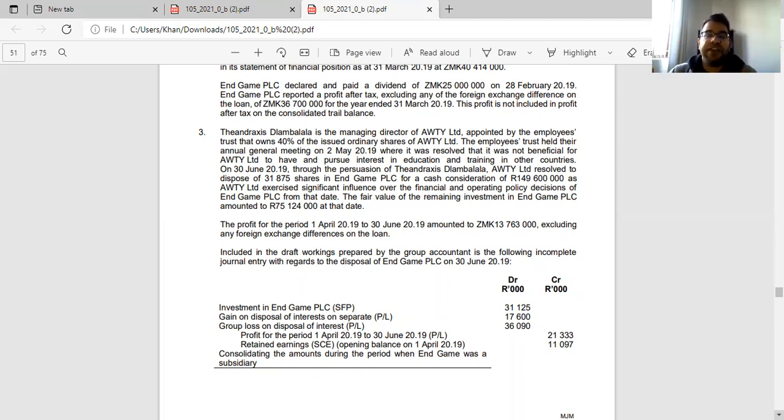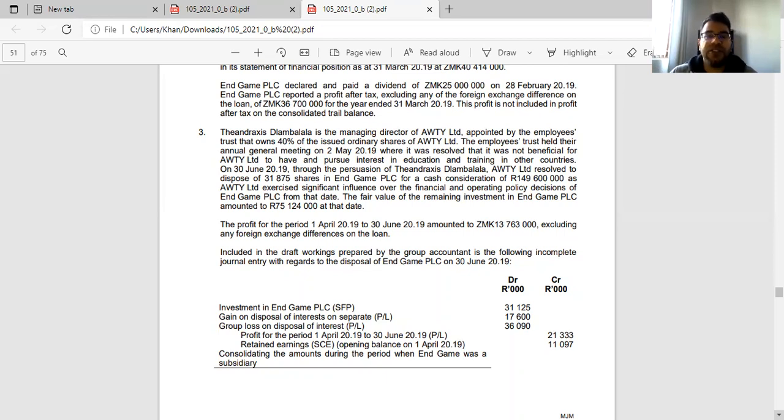But the reclassification that they do allow, we don't call it a reclassification, they allow for a transfer. What is the transfer? You have definitely seen it: you move a revaluation surplus to retained earnings, where you transfer the gain in the revaluation to retained earnings. When can you do it?